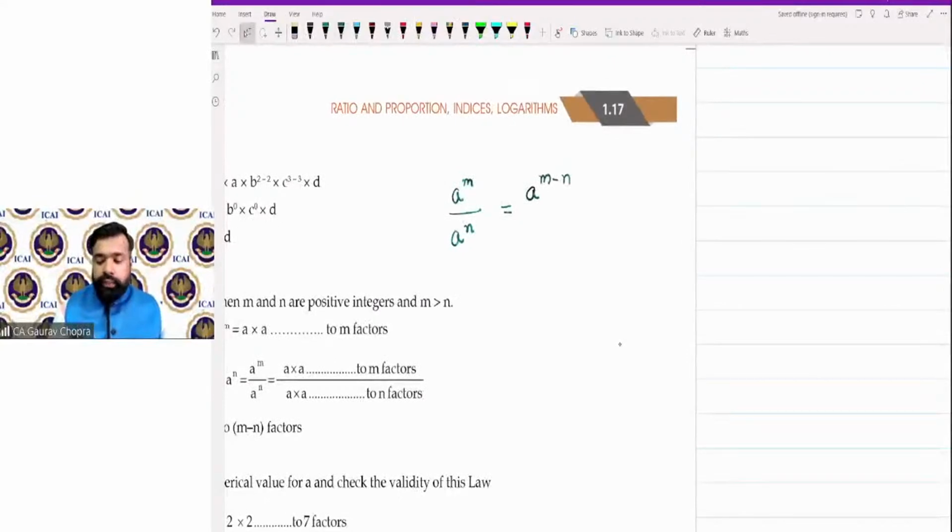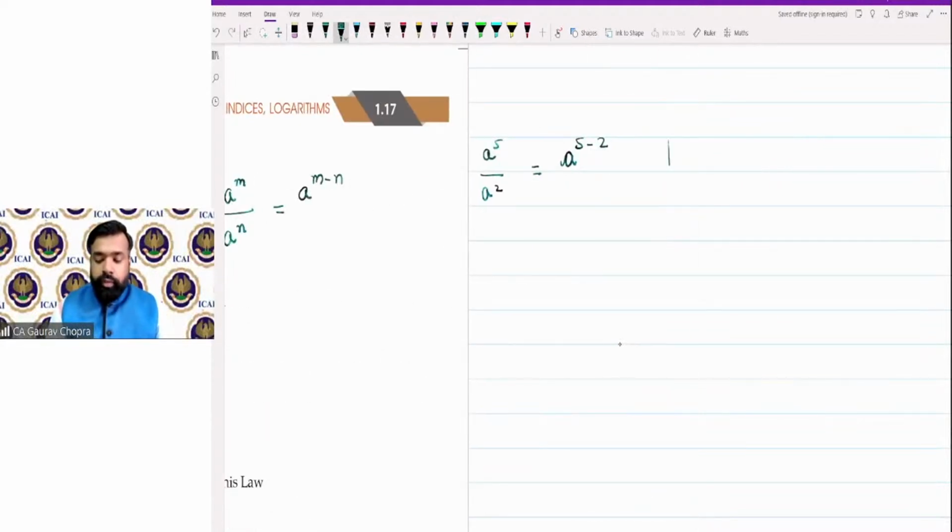Let us take one example. a to the power of 5 upon a to the power of 2. Then what will be the result? a to the power of 5 minus 2. नीचे से पावर ऊपर आई, sign will become negative. Let's take one more example. n to the power of 3 divided by n to the power of minus 1.